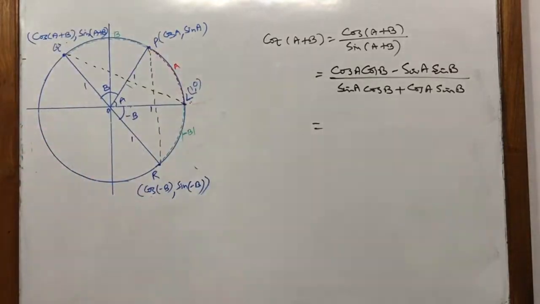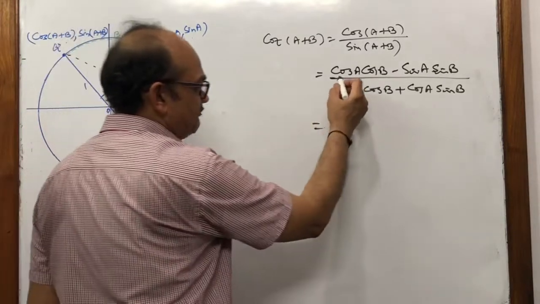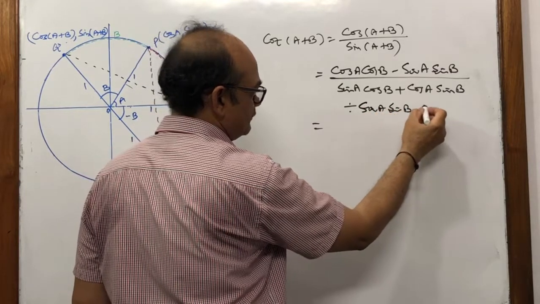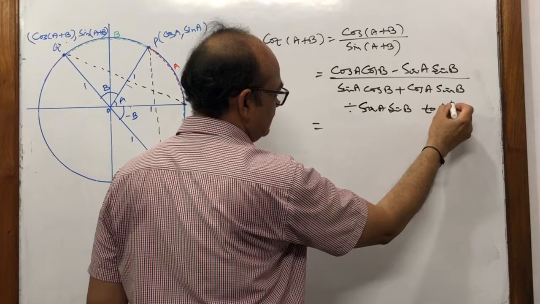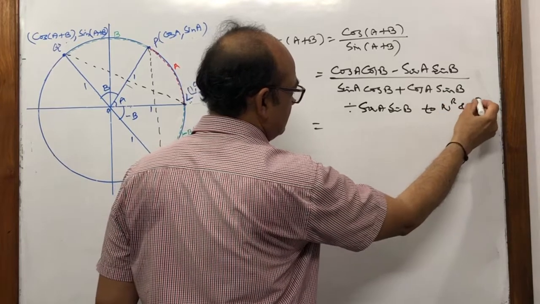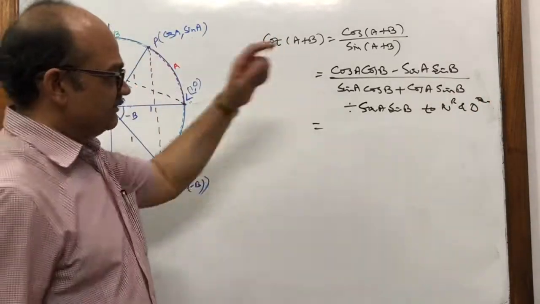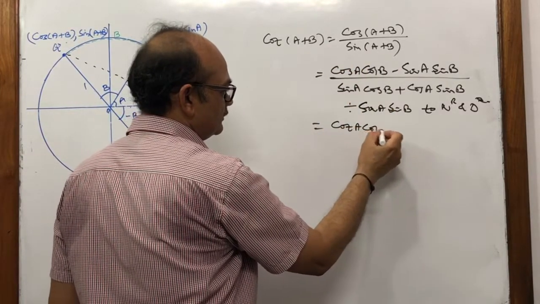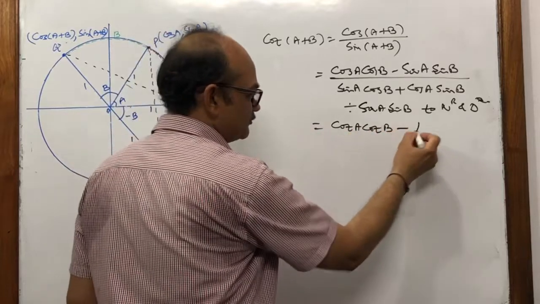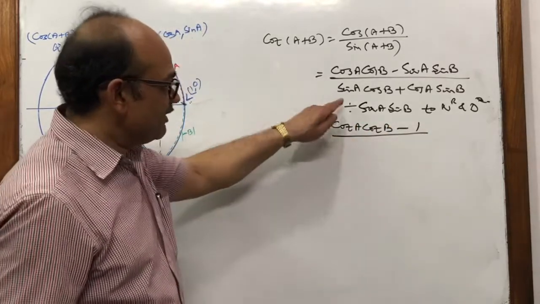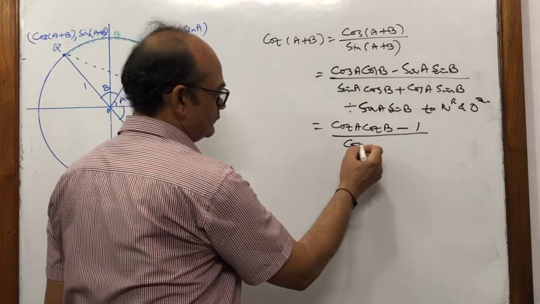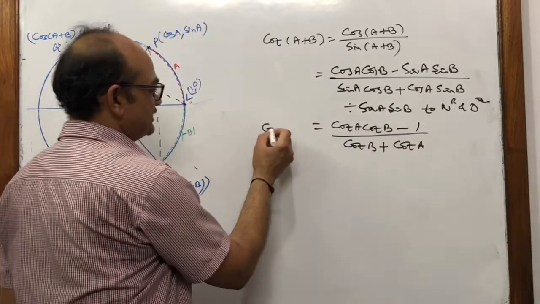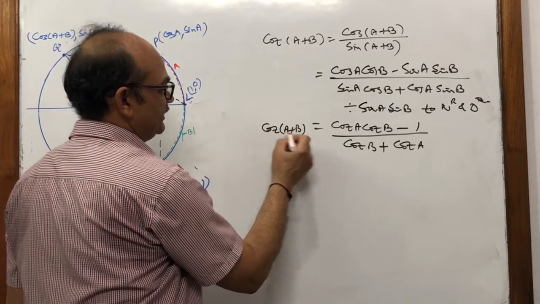So here we divide the numerator and denominator by sin A sin B. See what we are getting: cot A cot B minus 1, divided by cot B plus cot A. So this is one more new formula, of cot A plus B.